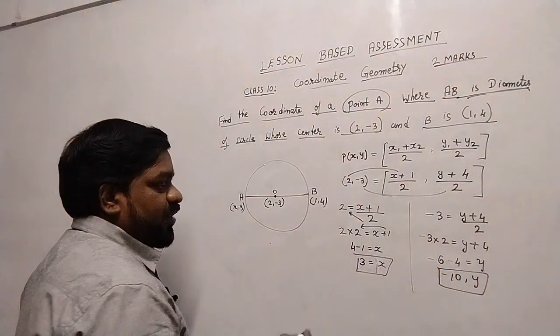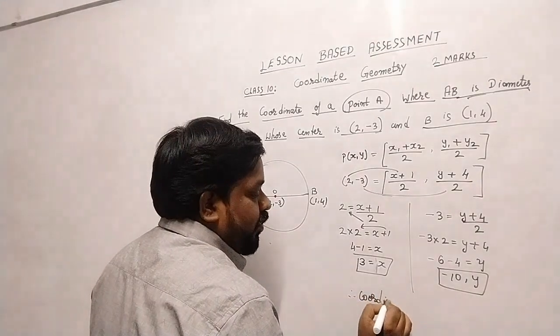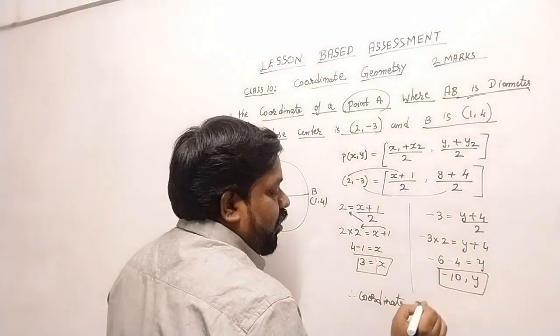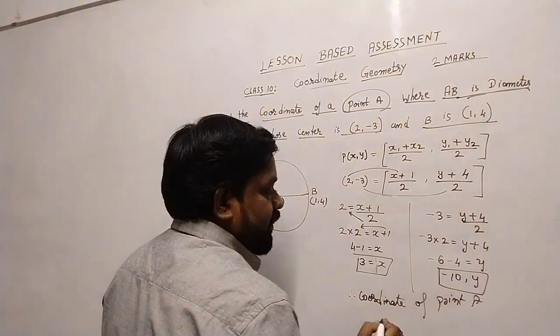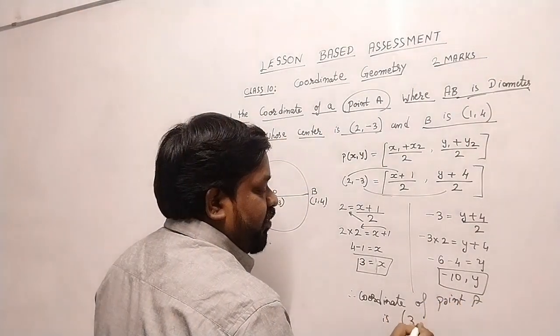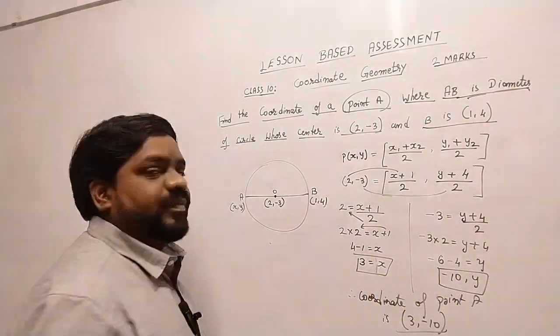Therefore the coordinate of point A is 3 comma minus 10. Next question.